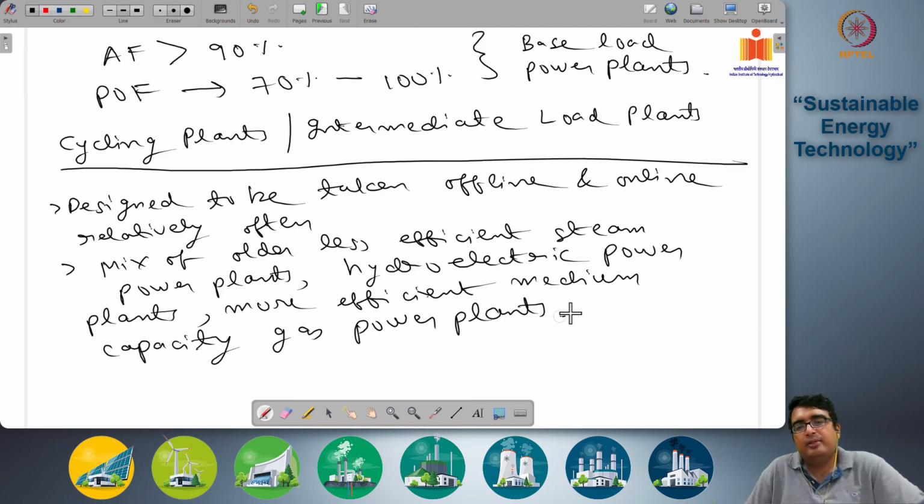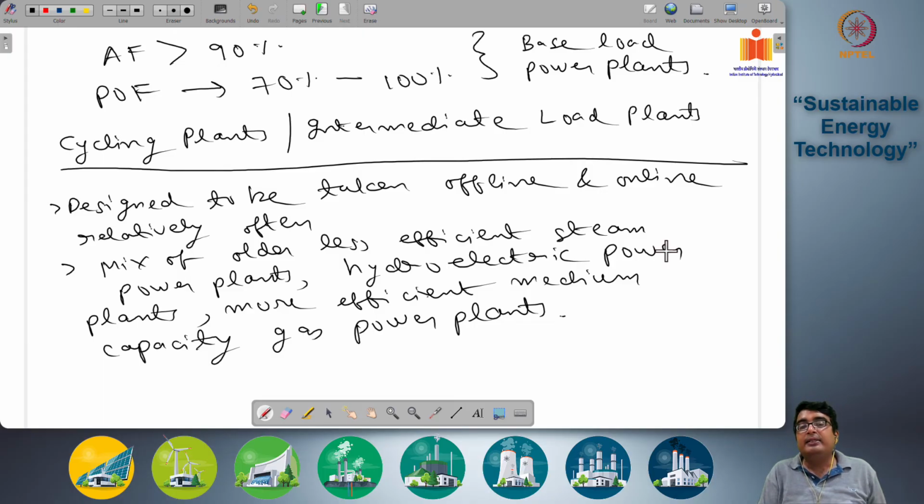So in the traditional grid, these cycling plants are basically a mix of less efficient older steam power plants, because they are being turned on and off often, their efficiency is going to be low anyways. So the older steam coal power plants are usually put into this mix.